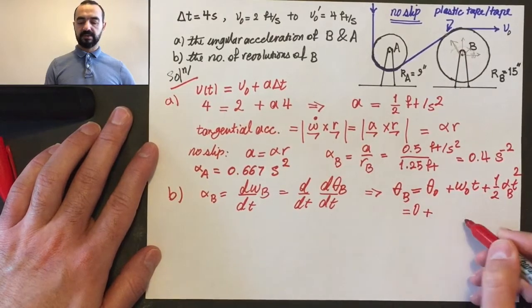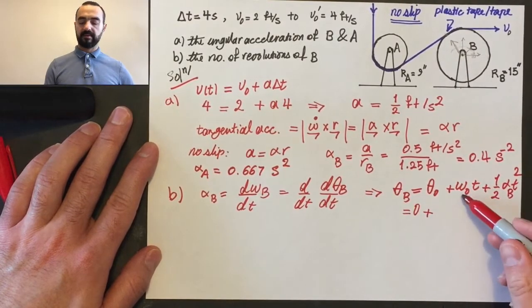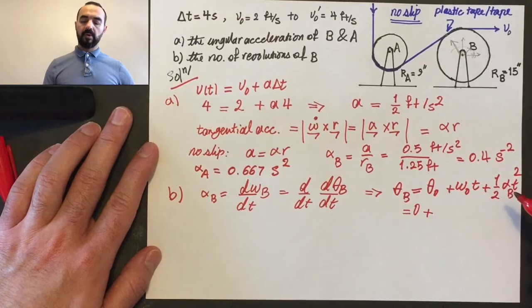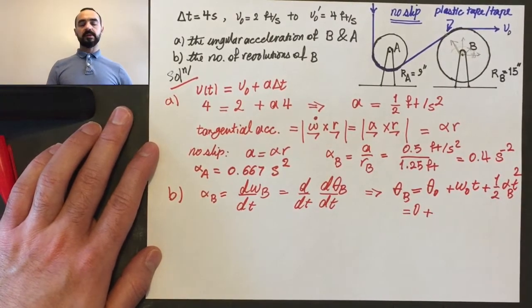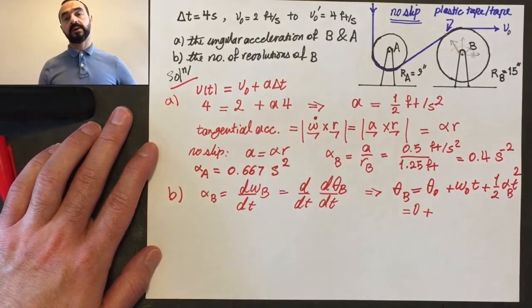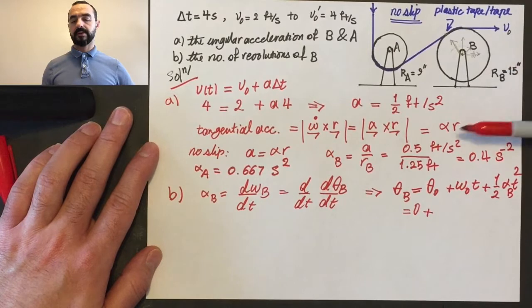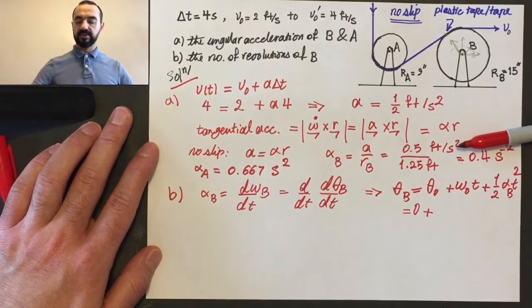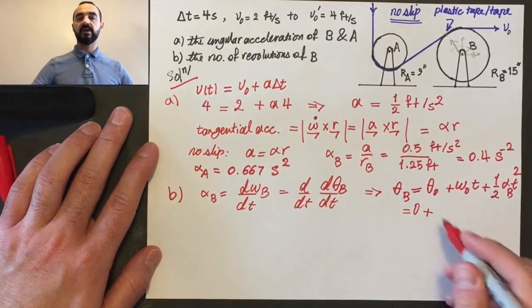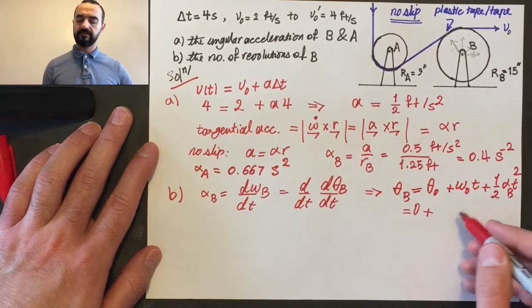And then this is going to be 0 plus omega 0. Again, to remind you, from the motion of rigid body, we said that velocity is r omega. So just like the same relationship we have here, the magnitude of velocity is equal to r omega.